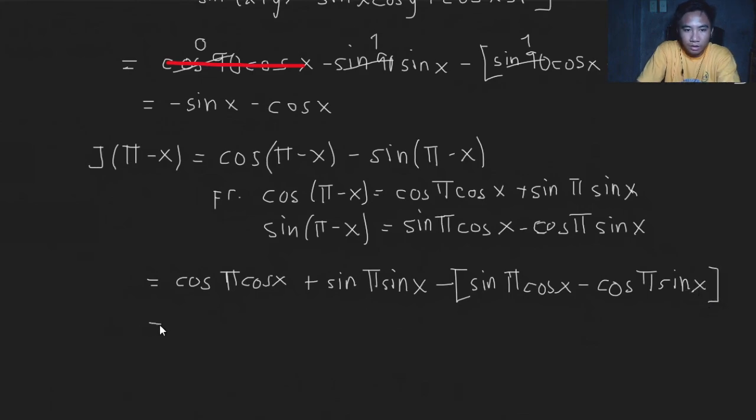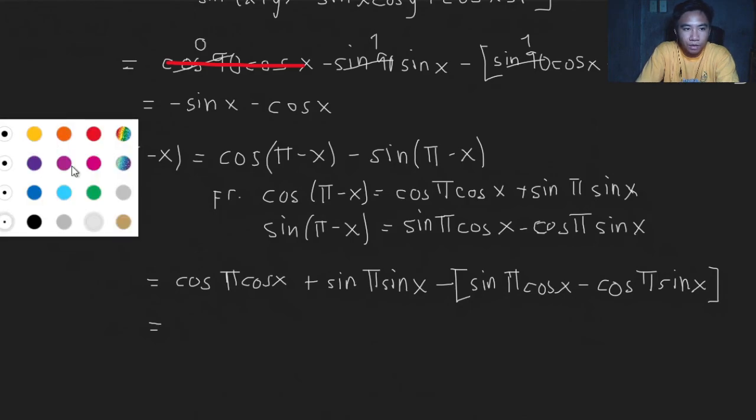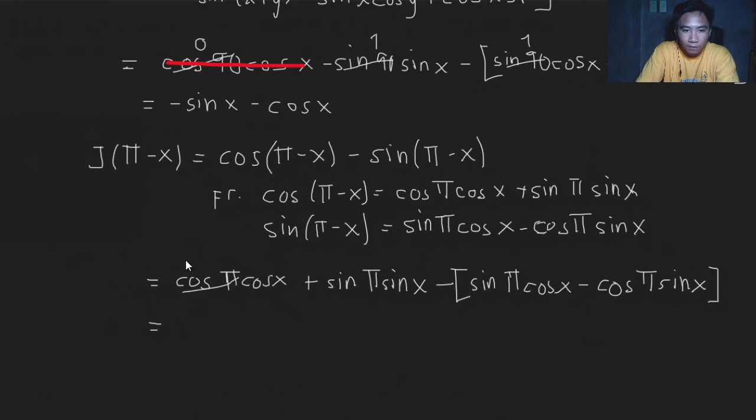So, yan. So, ano ba ang value ni cosine pi or cosine 180? Anong value niya? Is negative 1. And then si sine 180 is 0. Then si cosine pi is negative 1.